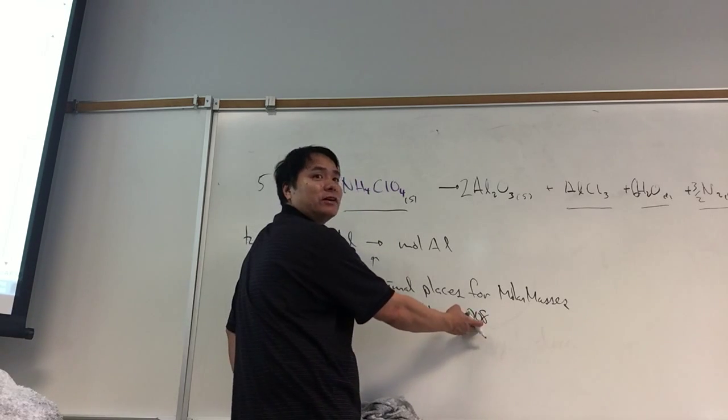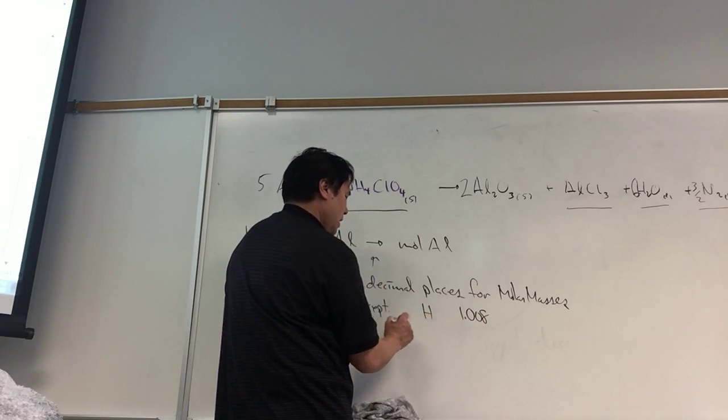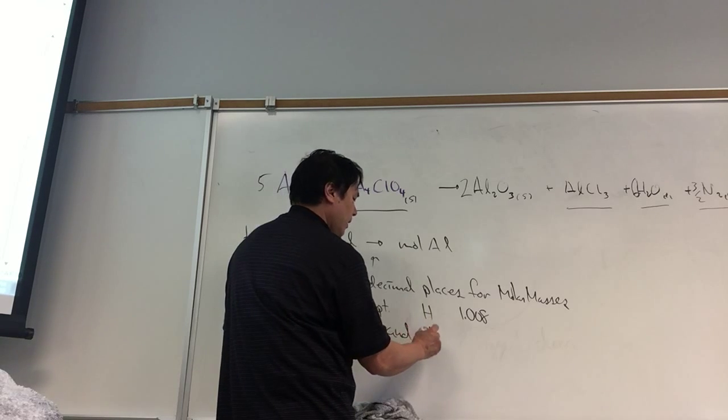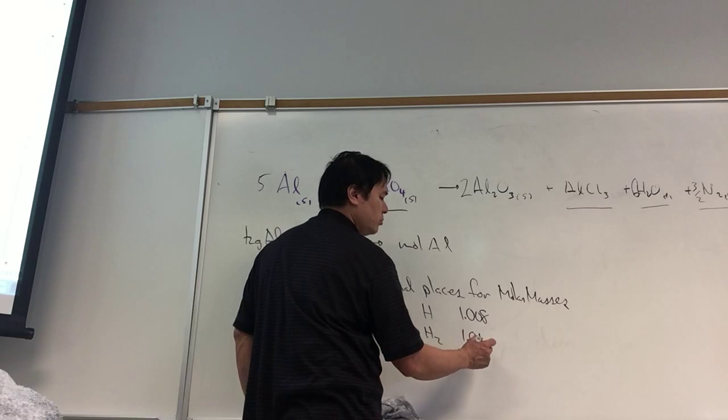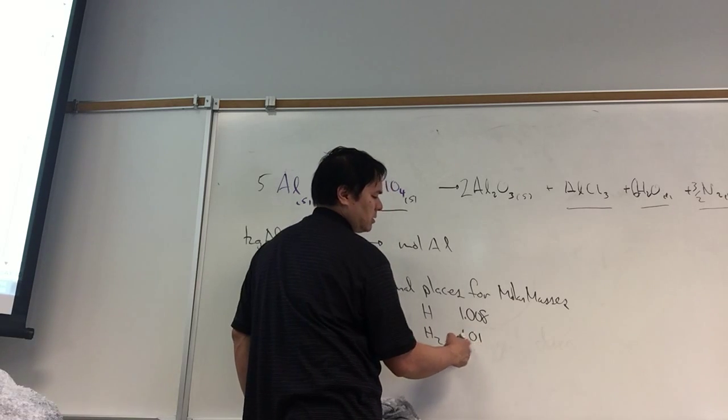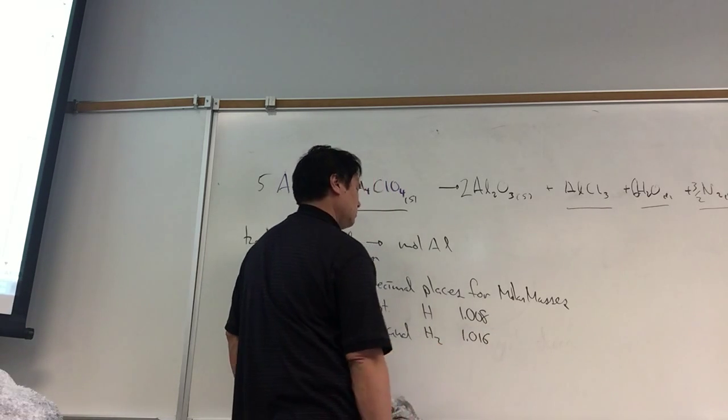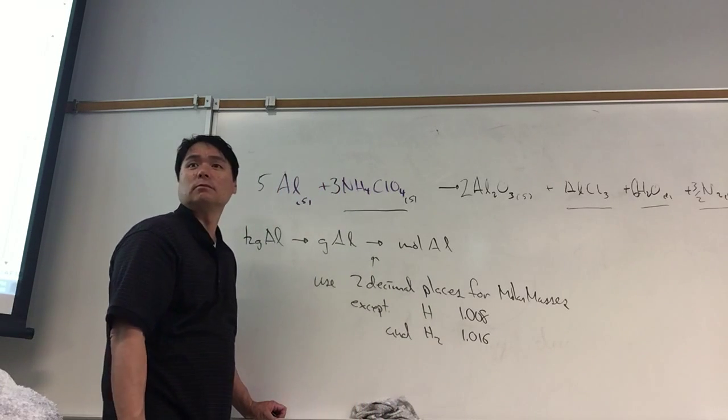That'll give us 4 sig figs. We want 4 sig figs. And H2, we're going to use 3 decimal places again, so this is going to be 2.016. Right?